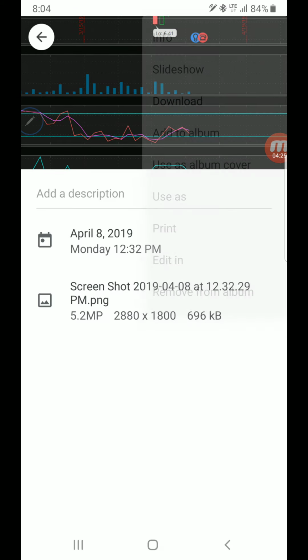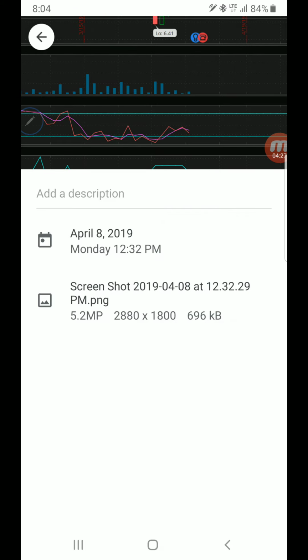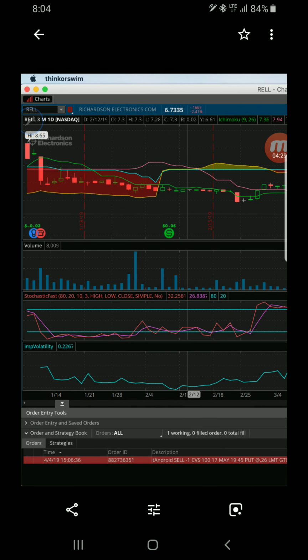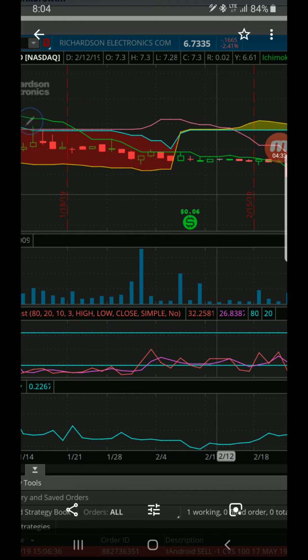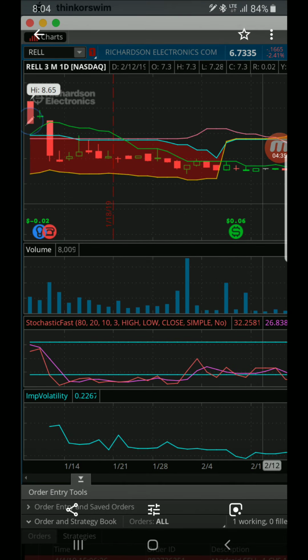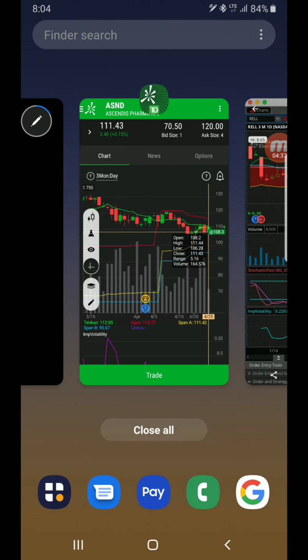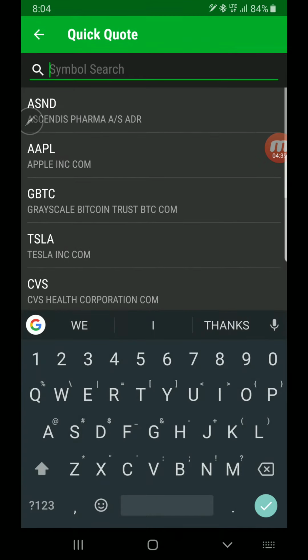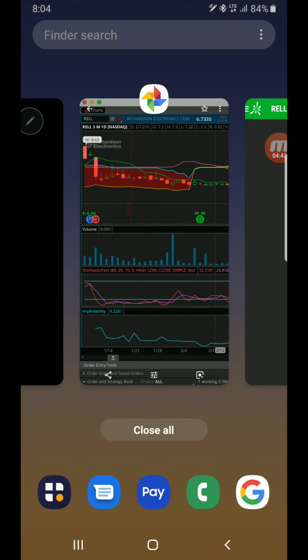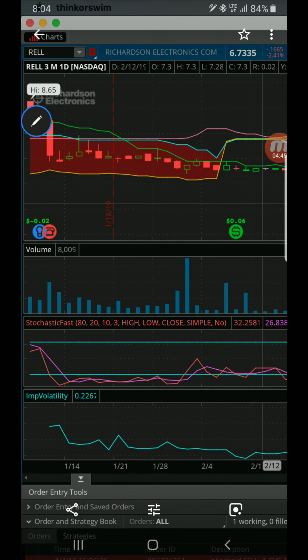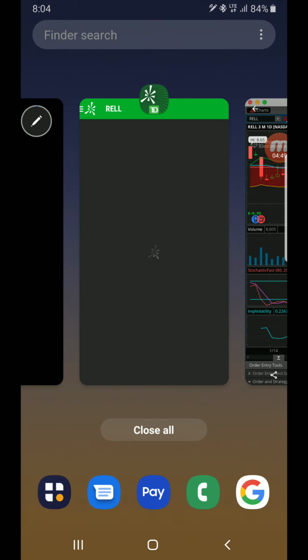The day of this is April 8th, and the approximate price back then was 6.7 on April 8th for RELL. Let's see how that played out. RELL, has it gone down from 6.7 since April 8th?